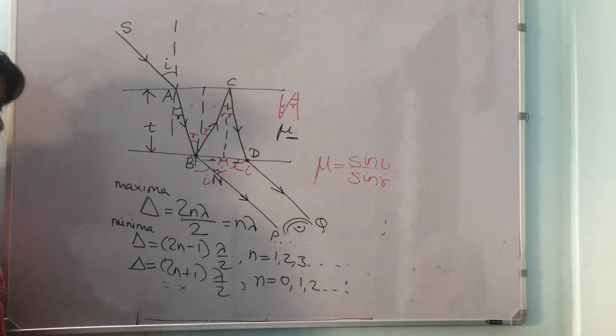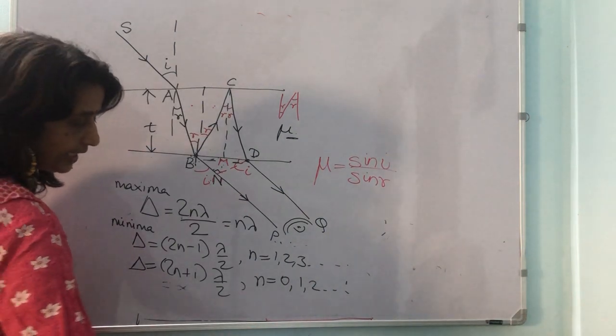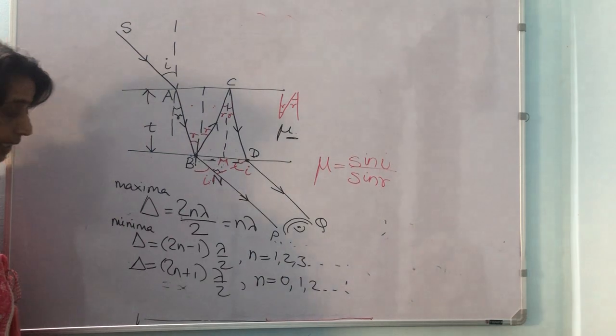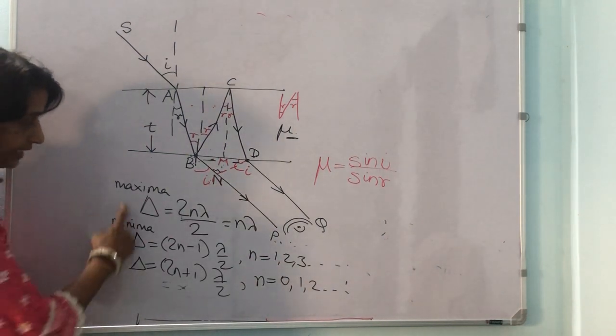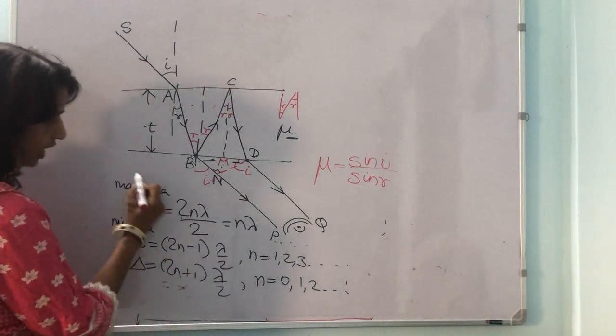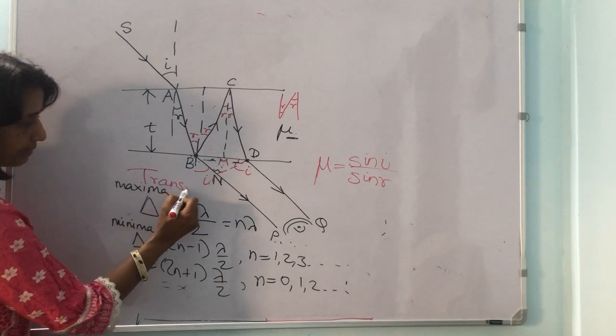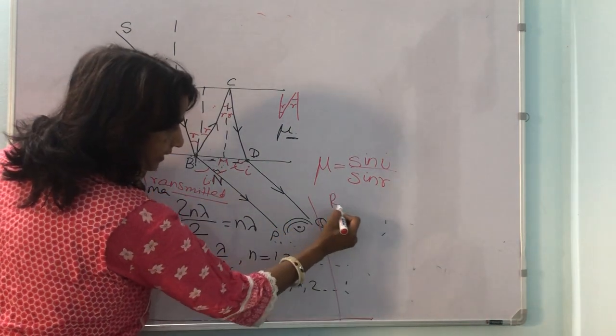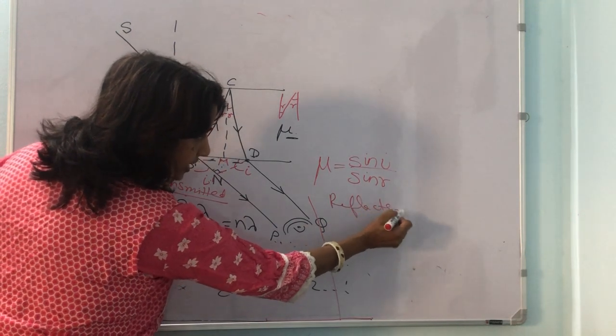Now, the very important point here is that for reflected and transmitted light, please recollect that this is the case of transmitted light for maxima and minima. For reflected, it was just the opposite.